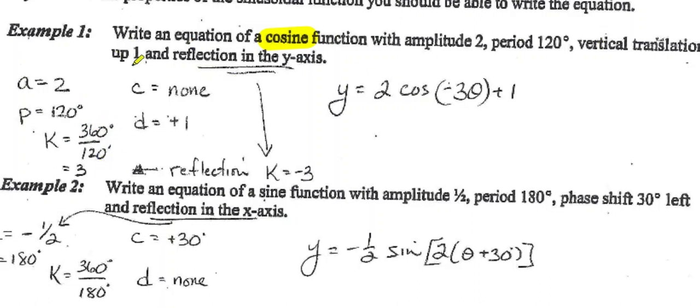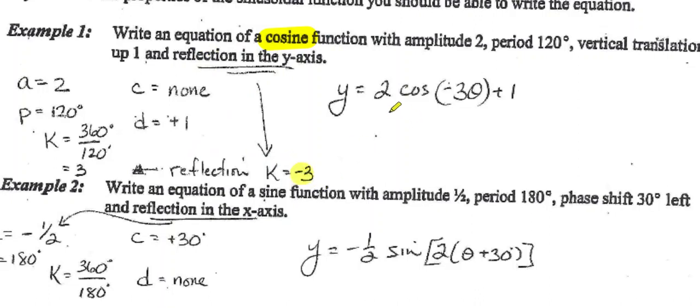Vertical translation is up 1, well that's your D value. They don't mention the C value, so you have to assume the C value has no movement, so there's no phase shift. And there's a reflection in the y-axis. Since the reflection in the y-axis deals with the K value, K has to have the negative there.